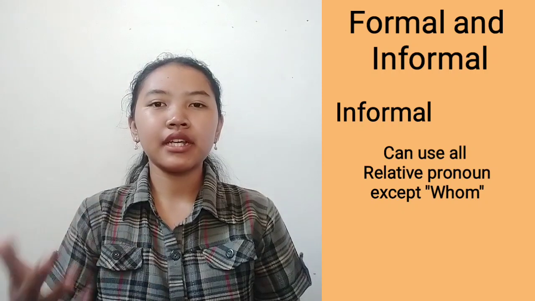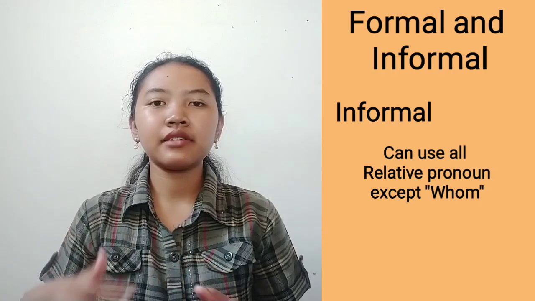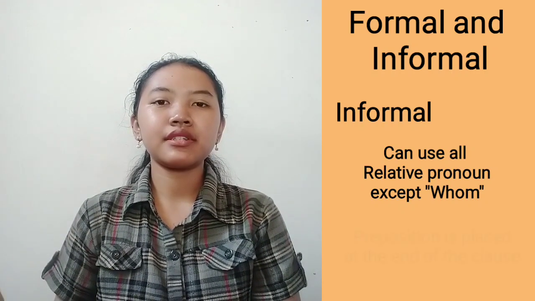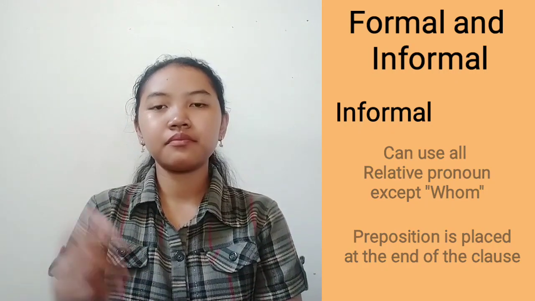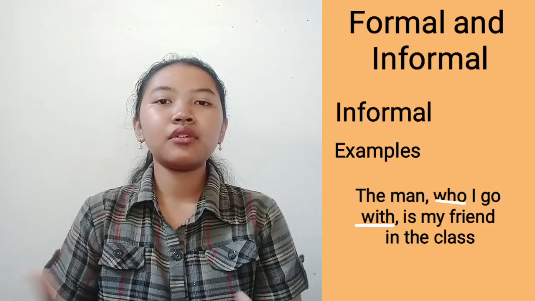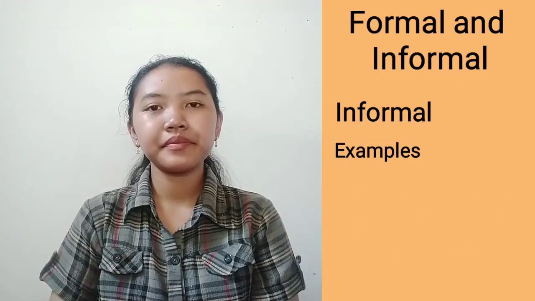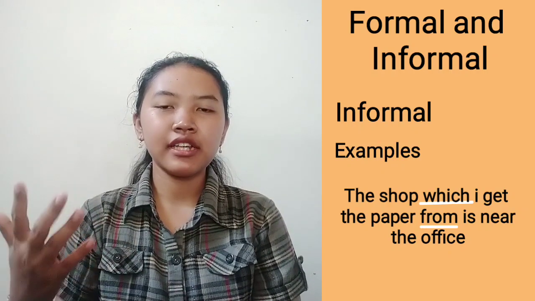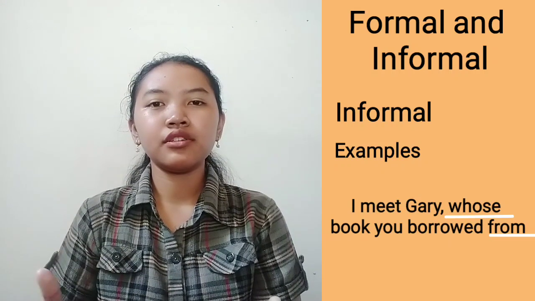For person as object, in informal, we can use who, as I said before. The preposition in informal is placed at the end of the clause. For example, the man who I go with is my friend in the class. The shop which I get the paper from is near the office. I meet Gary, whose book you borrowed from.